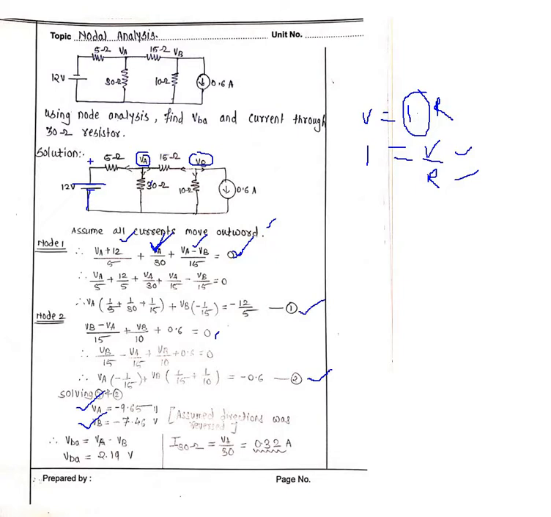So VA plus, why plus? Because here it is minus with respect to plus, so VA minus into minus is plus. So 12 divided by 5. Similarly, VA minus VB divided by 15, is equal to 0. Similarly, you implement the same on the second node.